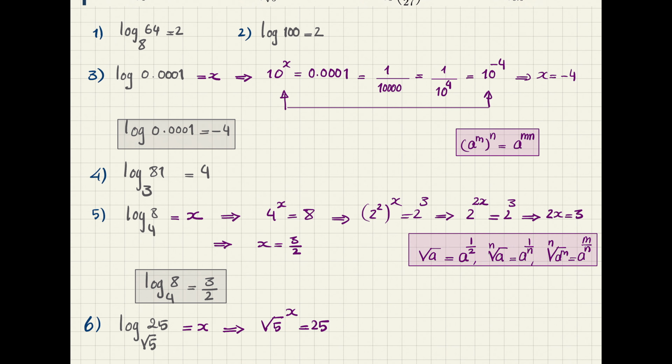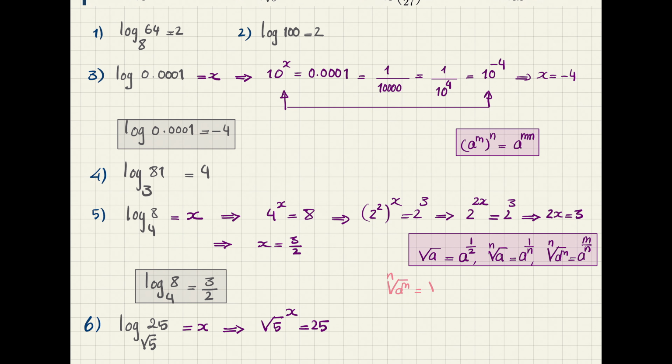Okay? This is also very important to know. Let me change my color to talk a little bit about this. So what is this one? The nth root of a to the m is equal to. So you know that this means that we have the nth root of a, but a to the m, so let me make it nicer.